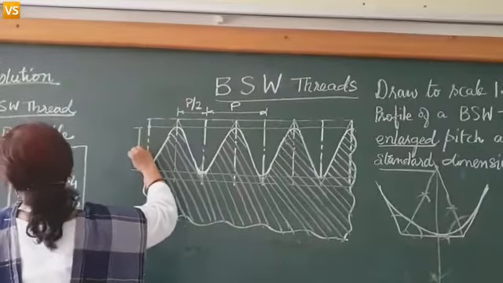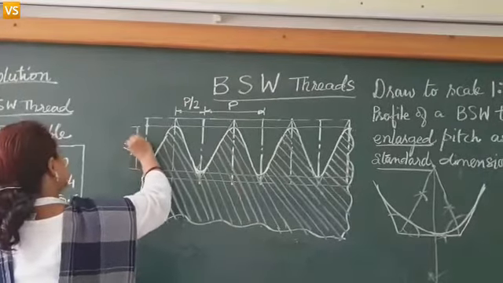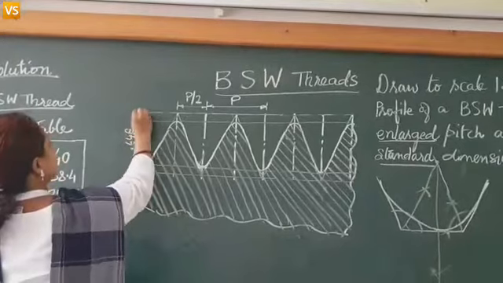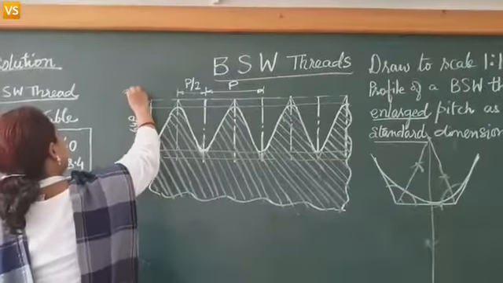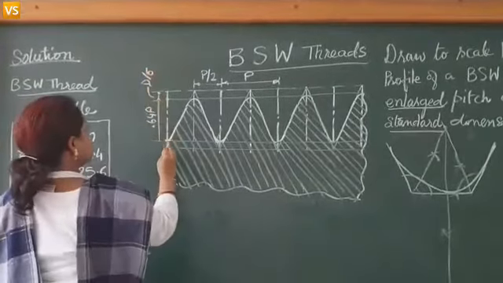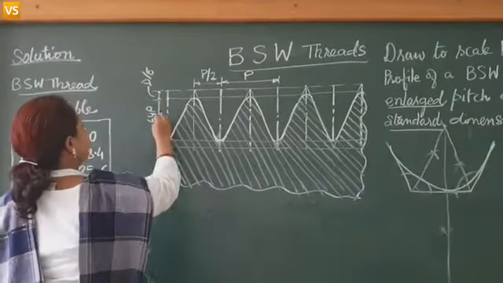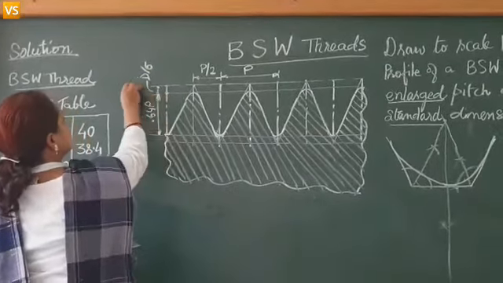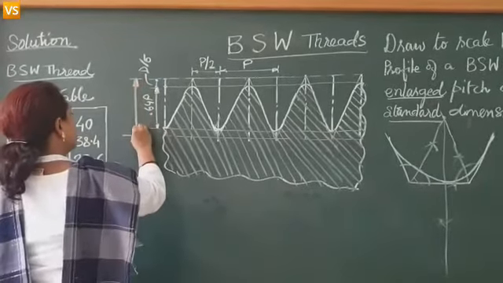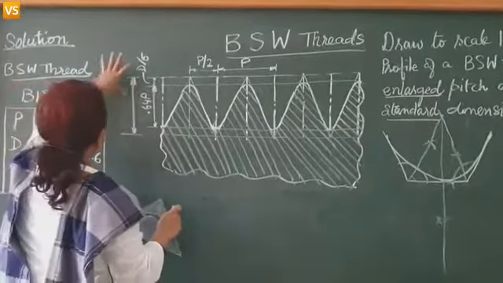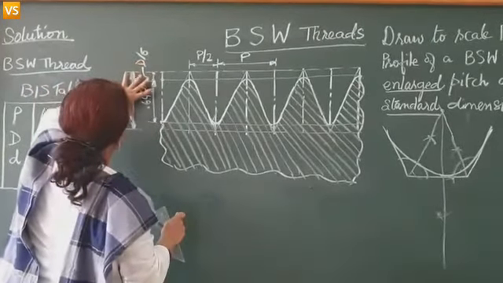So, this is 0.64 p, then this small distance is d by 6 and this distance is, so take care to make this line as a thin, faint and continuous.